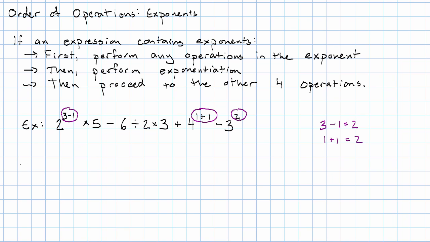So after I've performed all of the arithmetic in the exponents, I have 2 to the second power times 5 minus 6 divided by 2 times 3 plus 4 to the second power minus, there was no arithmetic in this last exponent, so I still just have 3 to the second power.